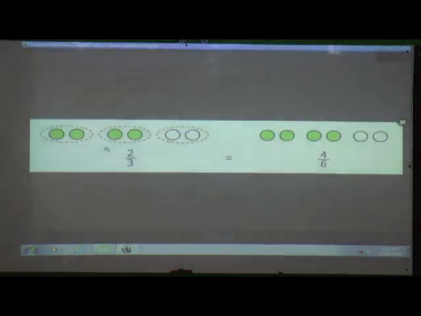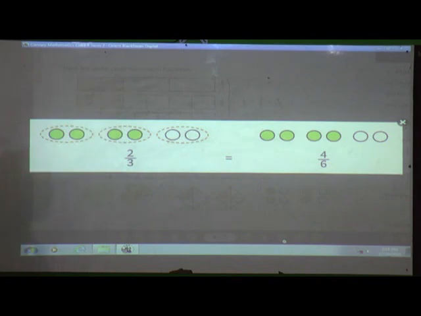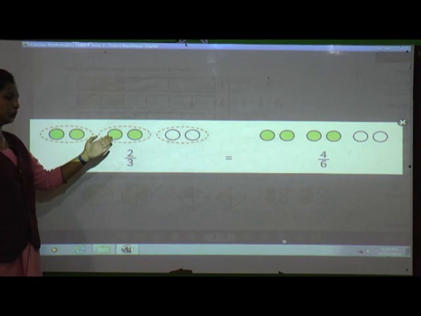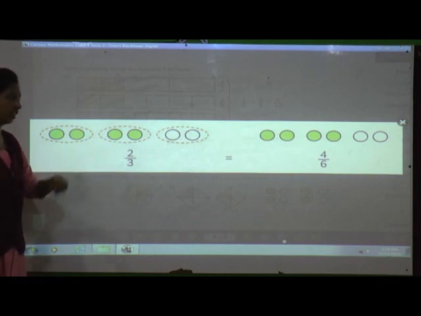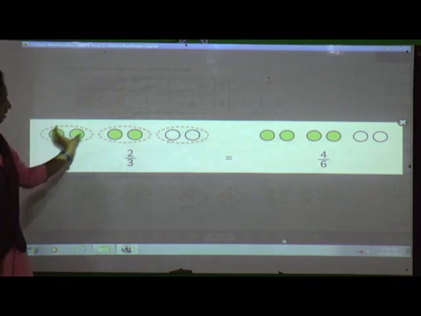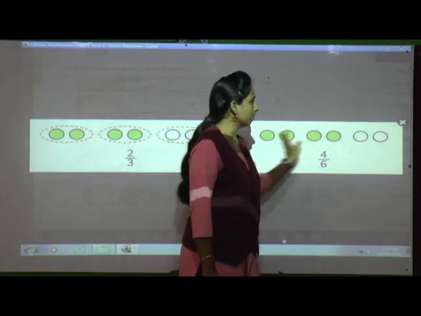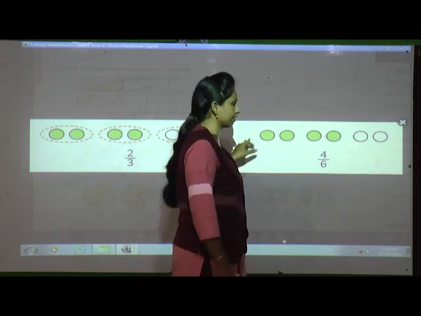So one more example here. Now see, we have divided circles into 3 equal parts. In that we have colored 2 parts, 2 by 3. And again here, see, there are 3 parts. Here they have not made equal parts. They have given all together 6 circles.